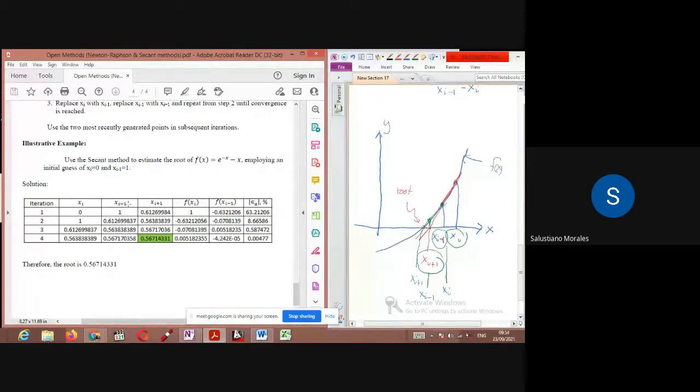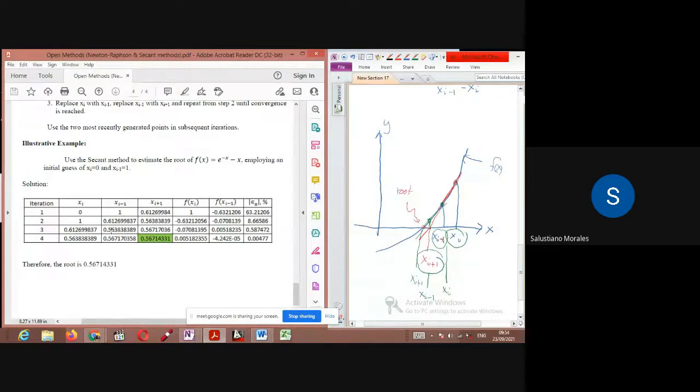So yung value natin na 63.21 should be solved using the values now under xi plus 1 and xi minus 1. So that is 0.6127 minus 1 divided by 0.6127 absolute value times 100 to come out with 63%.